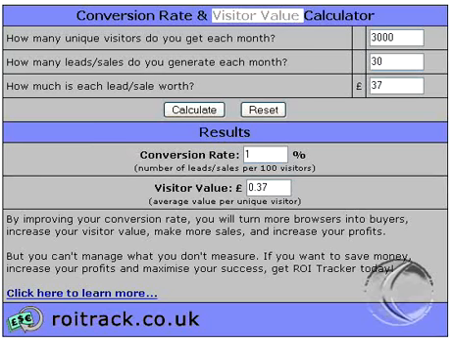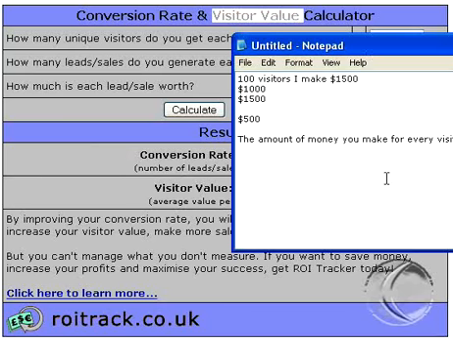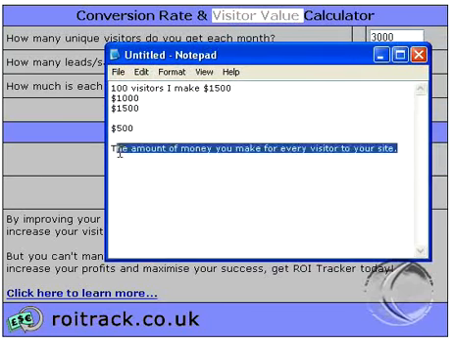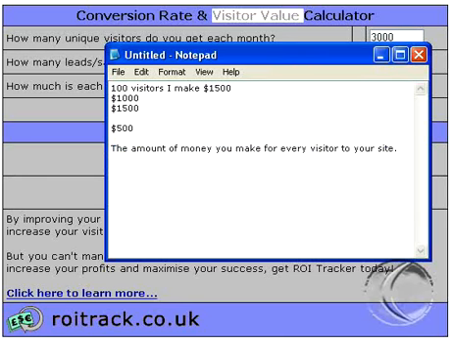Basically, visitor value is the amount of money that you make for every visitor that comes to your site. So you're averaging out your cost for your visitors, and then your revenue from your products, or your profit from your products, and you're figuring out your visitor value.